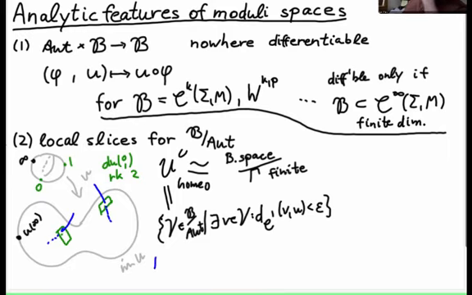So H0 and H1, I'm going to take in M so that they intersect the image of u transversely, and well, ideally u is injective, and then the only intersection point is that point, but sometimes there will be several points.